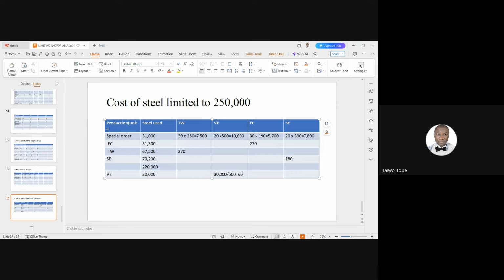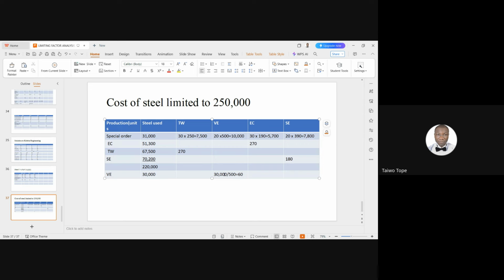You've used 67,500 to produce 270 products for TW, and you've used 70,200 to produce 180 units of SE. Now, when you add, you have 220,000 spent. Now, you have 30,000 left.